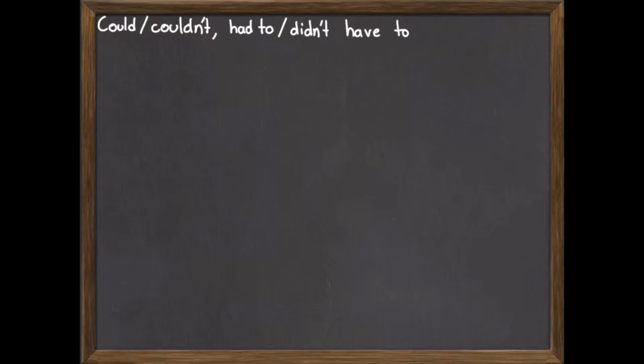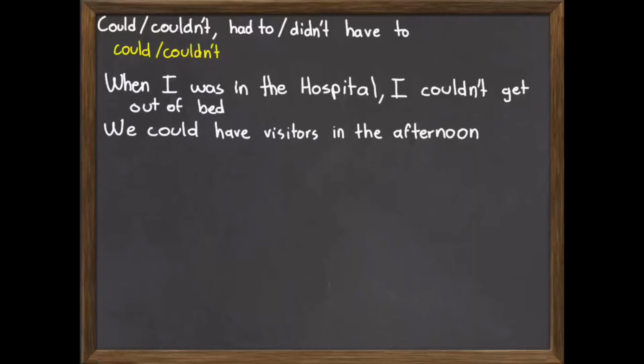Now let's look at the use of could, couldn't, and had to, didn't have to. Could and couldn't are used to talk about things that were possible or not possible in the past. For example, when I was in the hospital, I couldn't get out of bed. That's a negative sentence.